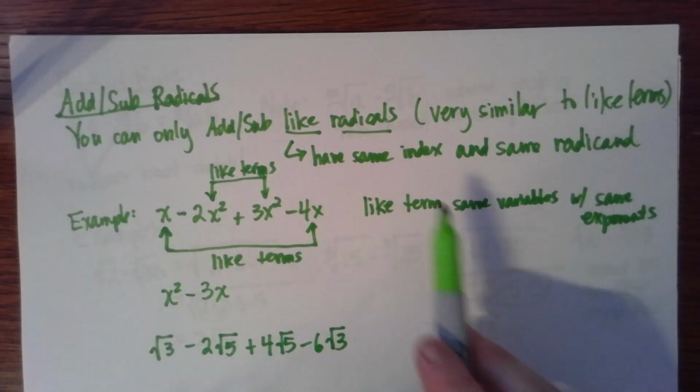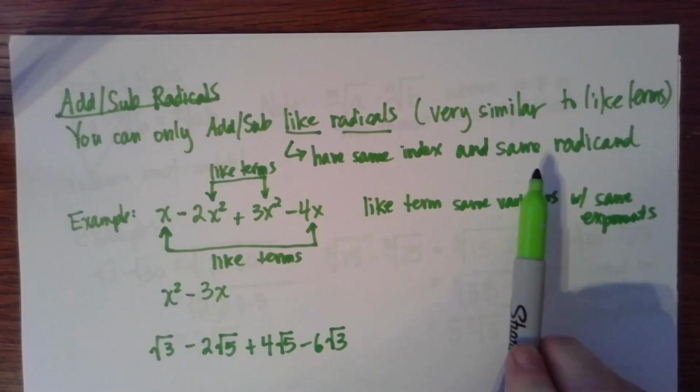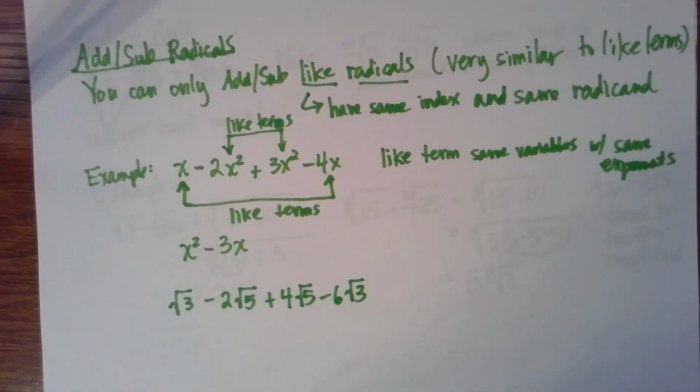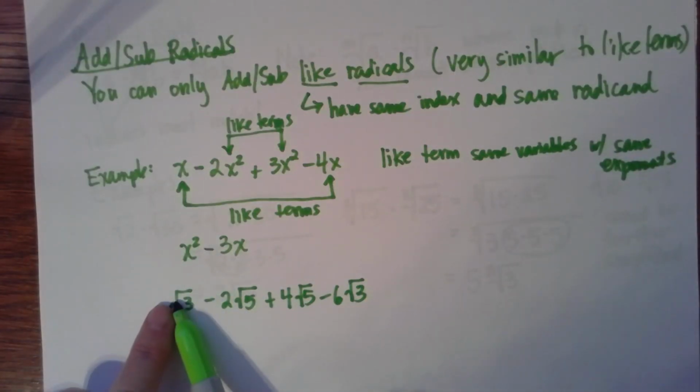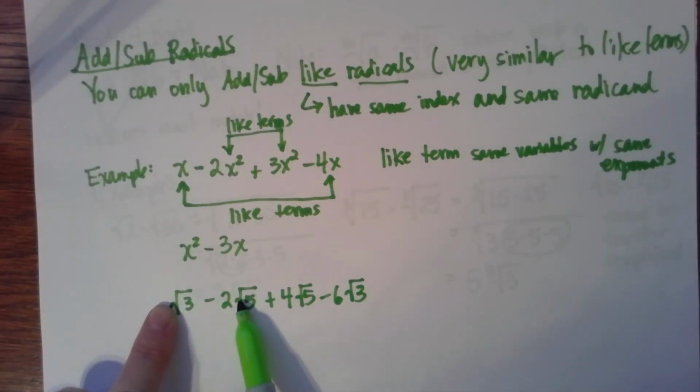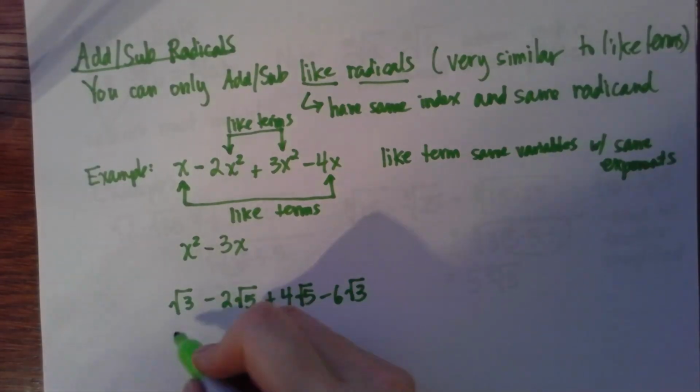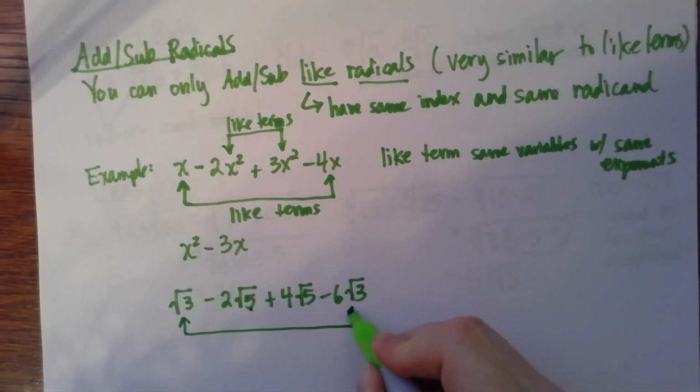Like radicals have to have the same index and the same radicand. This has an index of 2 and a radicand of 3. This has an index of 2, but a different radicand, so these are not like terms. Again, not like terms, but this one has an index of 2 and a radicand of 3. These ones would be like radicals.